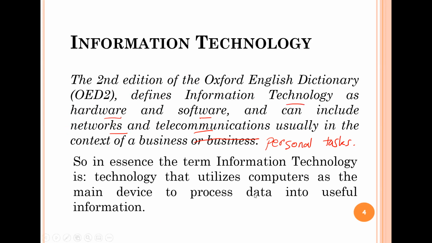Here you can see that the term information technology utilizes the device, the computer itself, to process the data into usable information, what we call information. The aim is to produce useful information; that is the aim or the goal.